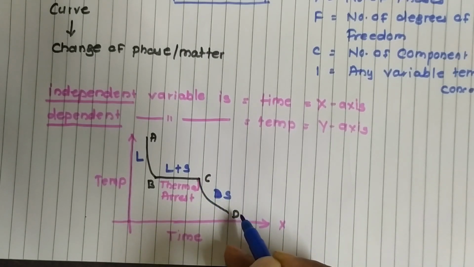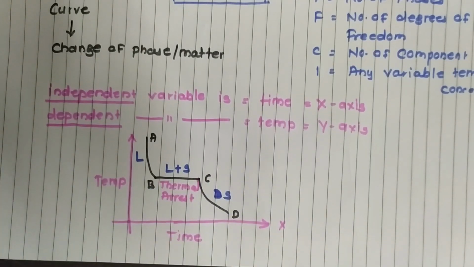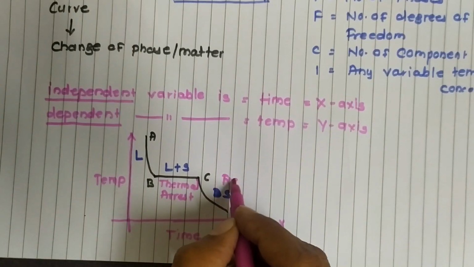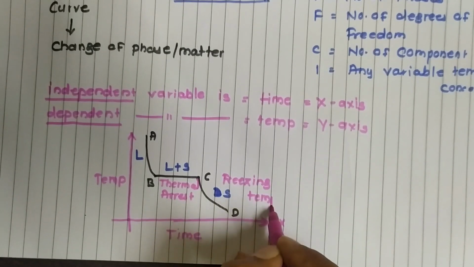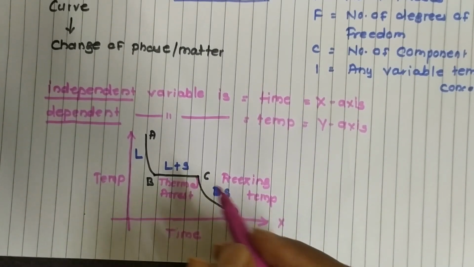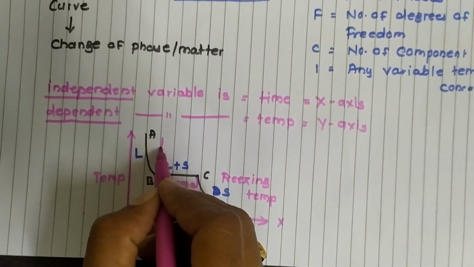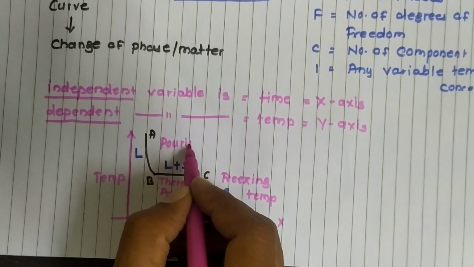From point C to D we are getting the freezing temperature, and here from A to B we are getting the pouring temperature.